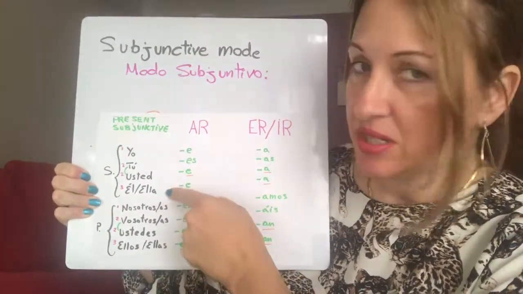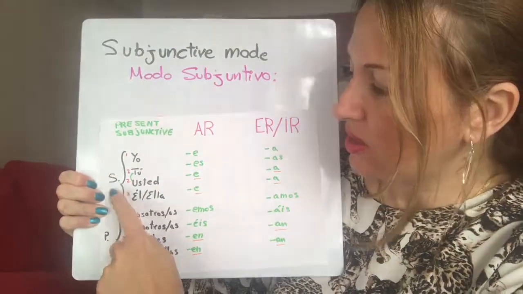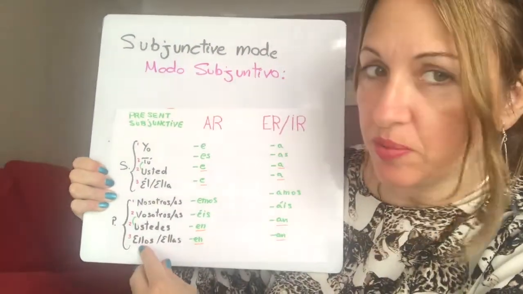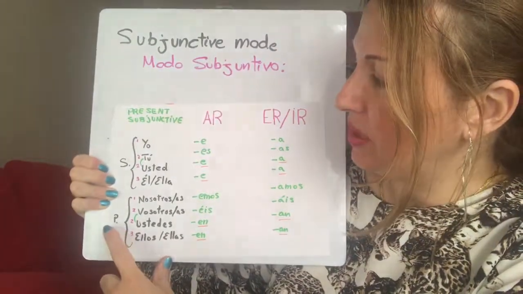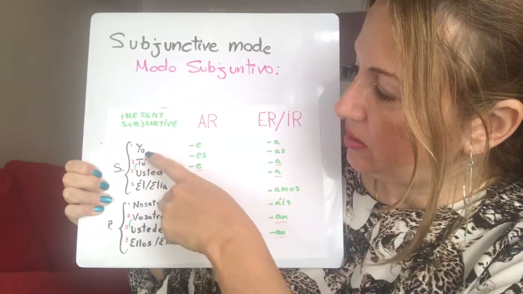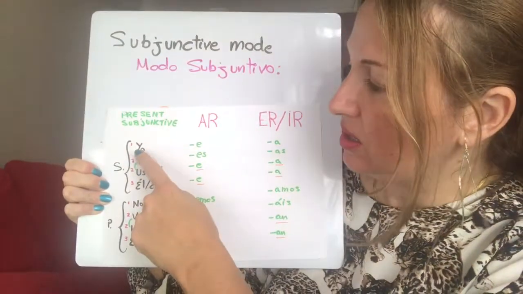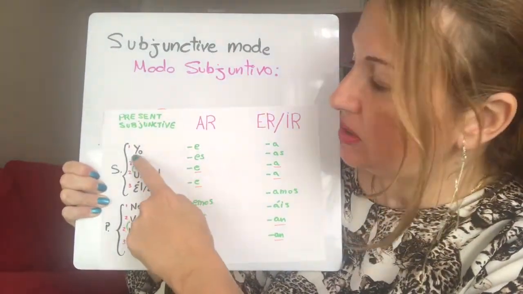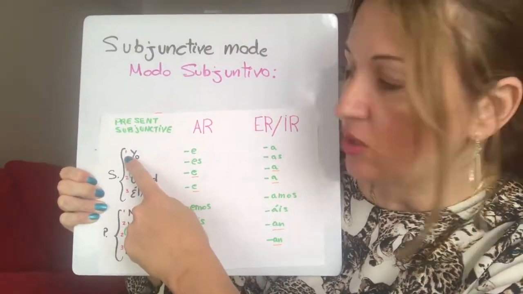The first group is the singular group, as it says here, S for singular, and the second group is the plural group. Okay, we call each personal pronoun with the numbers. So the first one is I, yo in Spanish, is the first personal pronoun in the singular group.